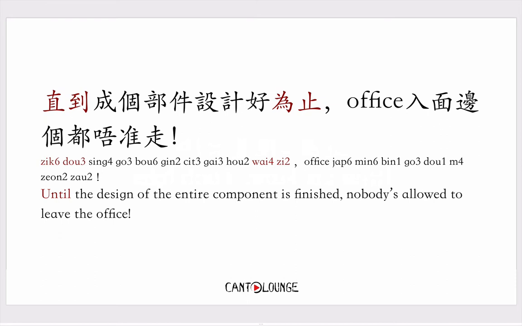And you sandwich whatever you want to say after until between the 直到 and the 為止. 成個部件設計好 the entire component is designed. office 入邊邊個都 so anyone in the office, nobody in the office 唔準走 can leave. 準 means to be allowed to, right?